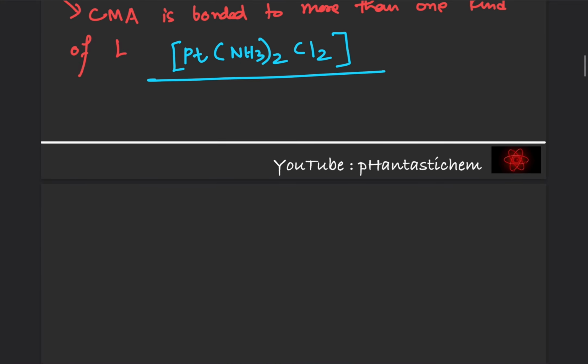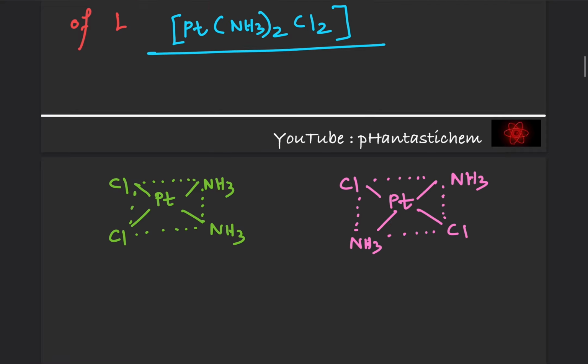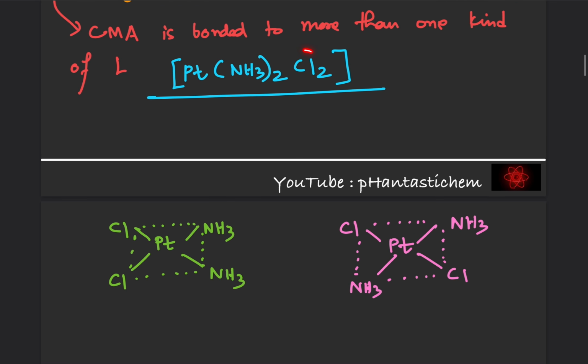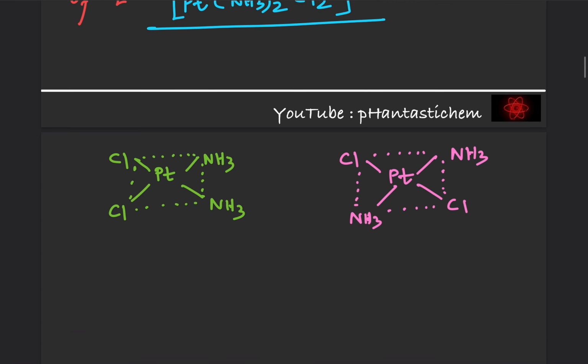This can exist either as Pt with Cl Cl NH3 NH3 in one arrangement, or it can also exist in this other form. So obviously this is a heteroleptic complex, and that's why it will show geometrical isomerism, because there are two different geometric arrangements of ligands.